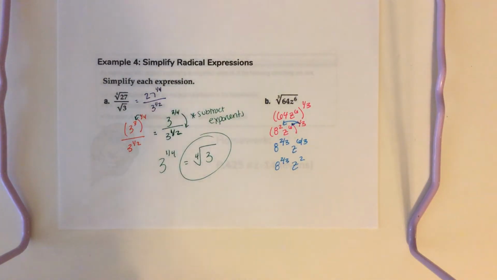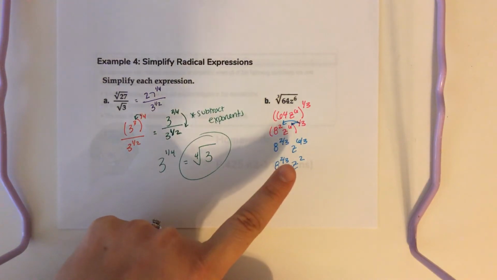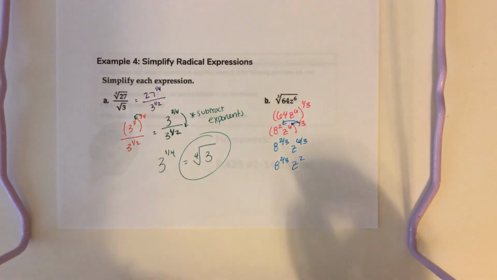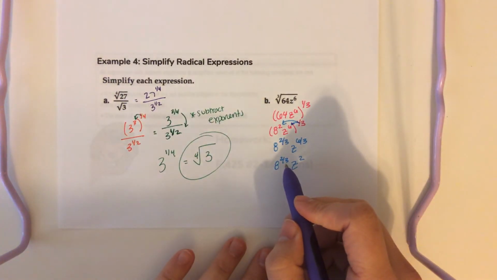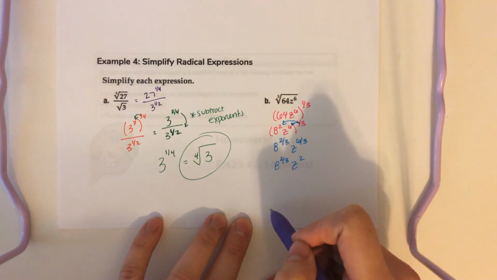And I have a few options here. I could just plug this 8 to the 2/3 into my calculator and see what it is. Or I can say, well, this is really just the cube root of 8 squared, if you think about it.